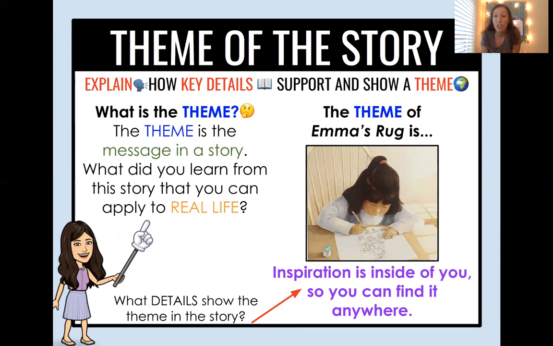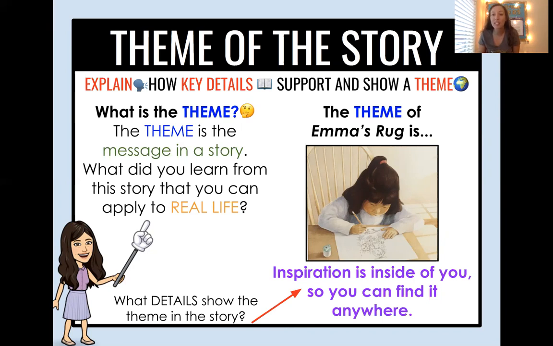Did she find it from the creatures inside or outside? No. Where does she find it? Emma finds her inspiration from inside. Can we use inspiration from inside ourselves every day? Can we be inspired with our own creativity and our own imagination? Yes. So this is what makes inspiration being inside of you so you can find it anywhere.